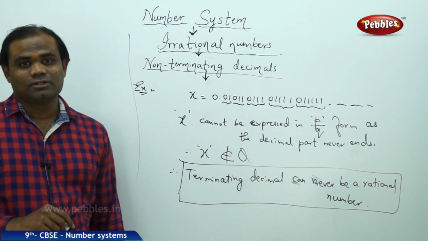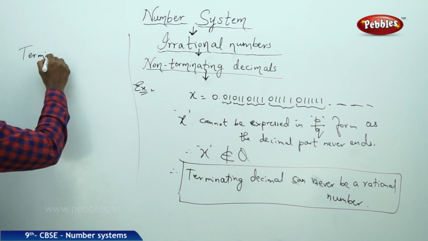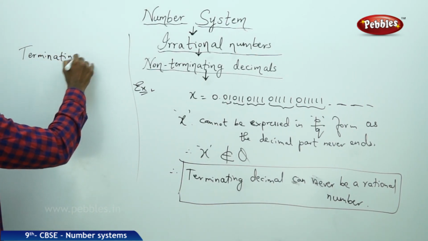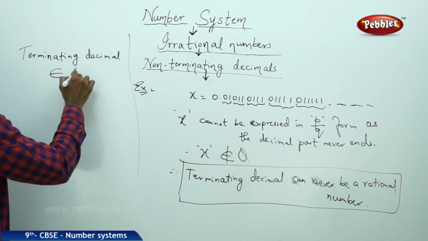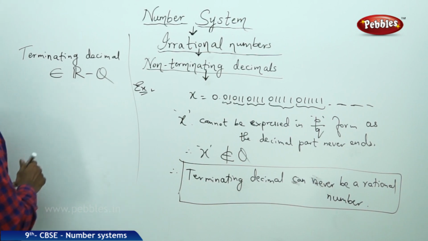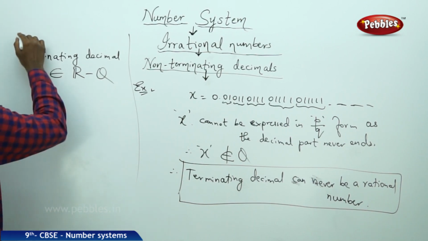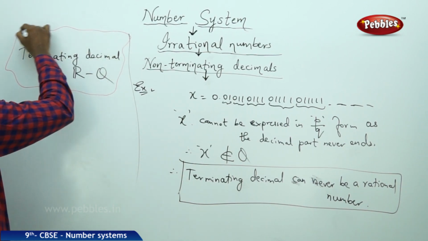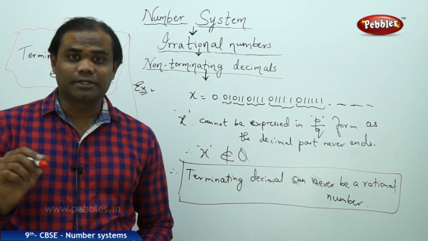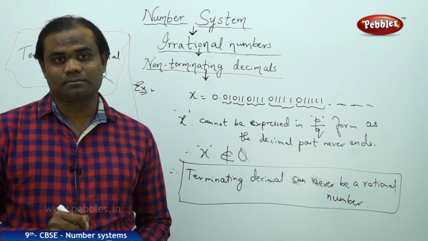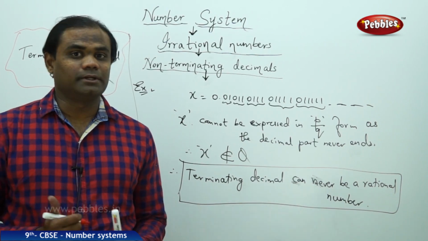So the outcome is that the non-terminating decimal belongs to R minus Q, is how I understand the property of the non-terminating decimal being an irrational number. It can never be a rational number.